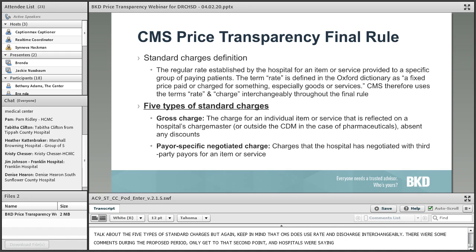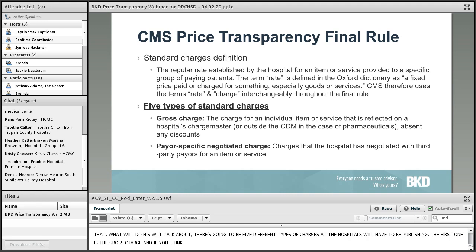There were some comments during the proposed period, when we get to that second bullet point where it says payer-specific negotiated charges, and hospitals were saying, well, we don't negotiate our charge with the payer. We negotiate our rates or our reimbursement. So again, CMS did not change the verbiage to be anything other than charge, but when they talk about payer-specific negotiated charges, they are technically referring to the rates. So just wanted to make sure everybody's on the same page with that.